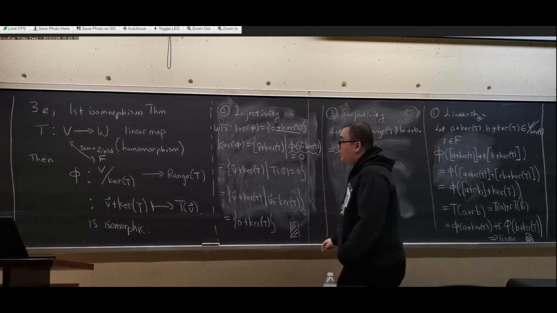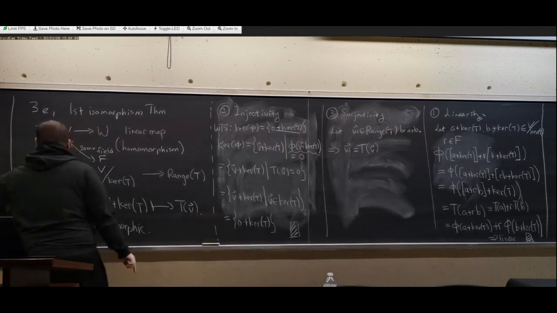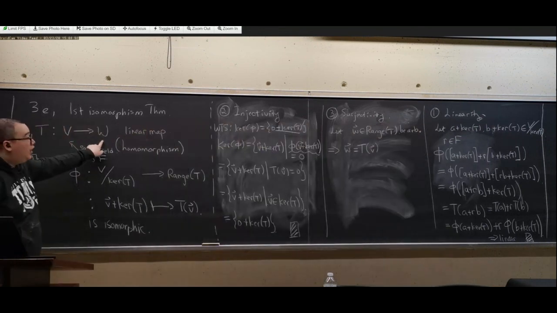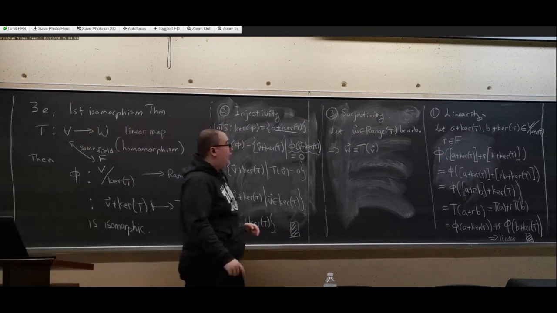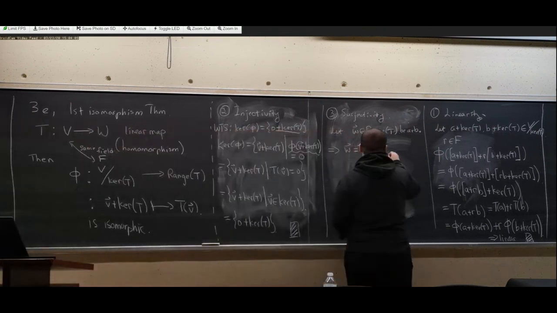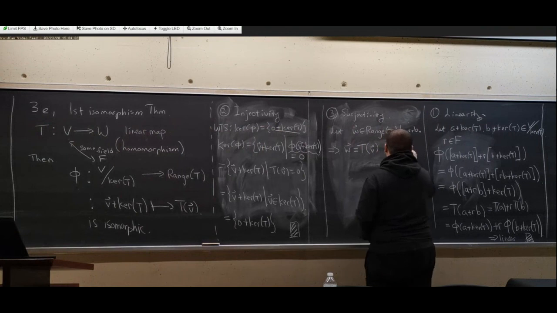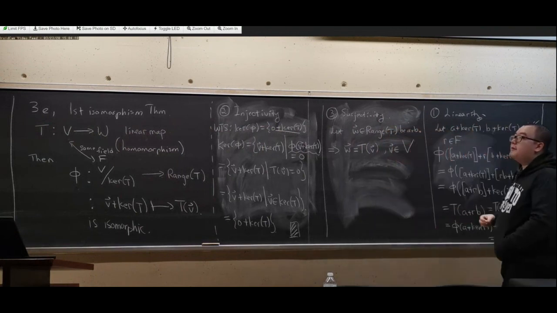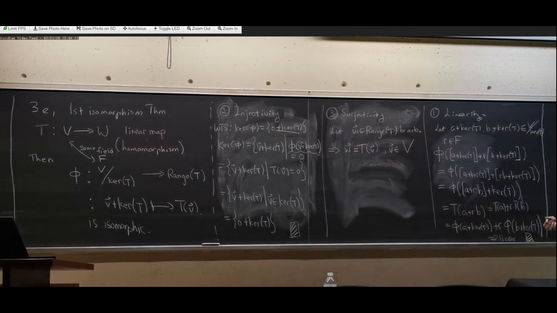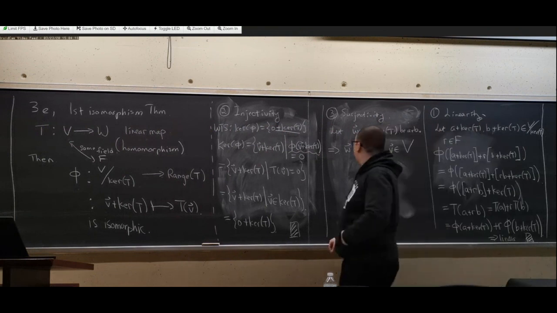And because T maps from V to W, and we know that W is in the range of T, that means this V must be from the vector space V, right?